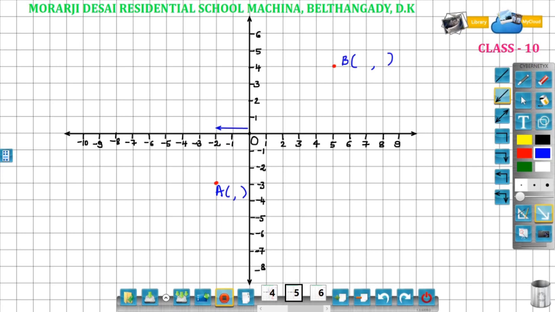Now, point A is at a distance 2 units along the x-axis. It is on the negative side. So, x coordinate is minus 2. Distance is 2 units, but it is on the negative side, so minus 2.